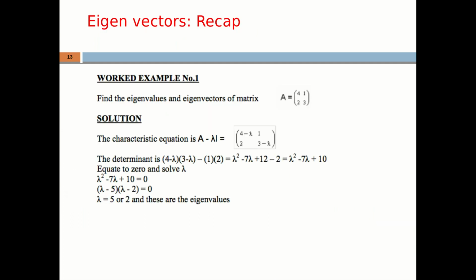So, let's recap on how to find eigenvectors and eigenvalues of a given matrix. To find eigenvalues, we use the characteristic equation, which is A minus lambda times the identity matrix. Then, we equate the determinant of this to 0 and find the corresponding lambdas. These lambdas are the eigenvalues.